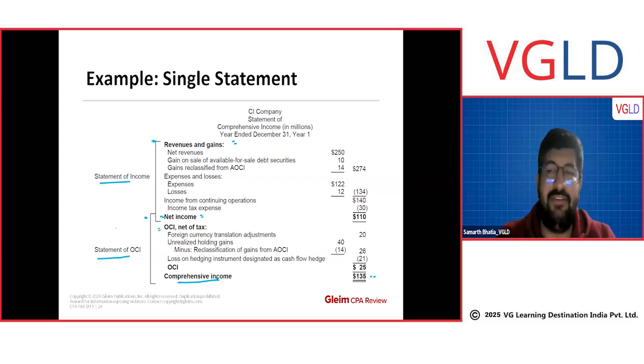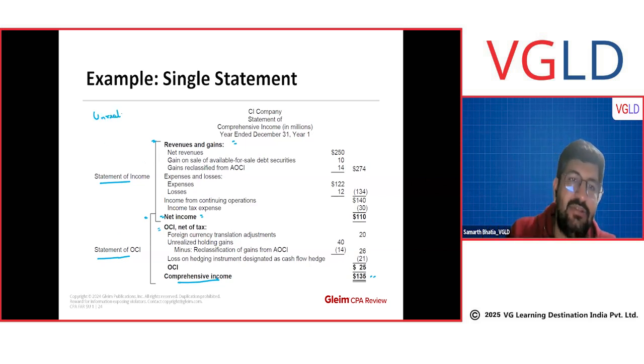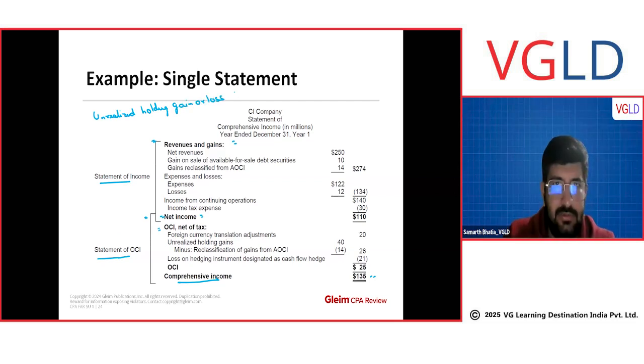In the OCI, we record the unrealized holding gains or losses. Holding gains or losses means we have not sold it yet. We are holding it.